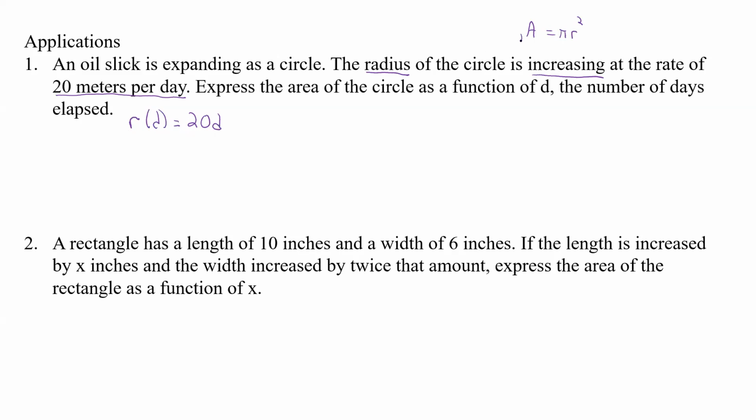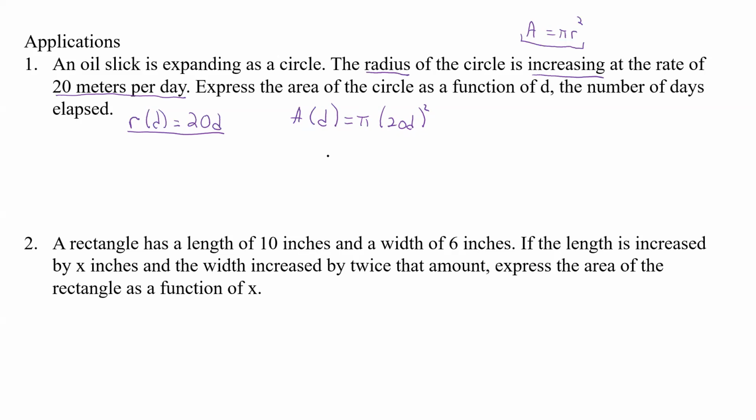Now we need to plug that into a function for area. Well, what do we know about area? The area needs to be in terms of days again, because that's what it's asking for. And that's going to be pi times the radius, which is 20d, squared. So basically we had to figure out the function for the radius in terms of days, and then plug that into area.